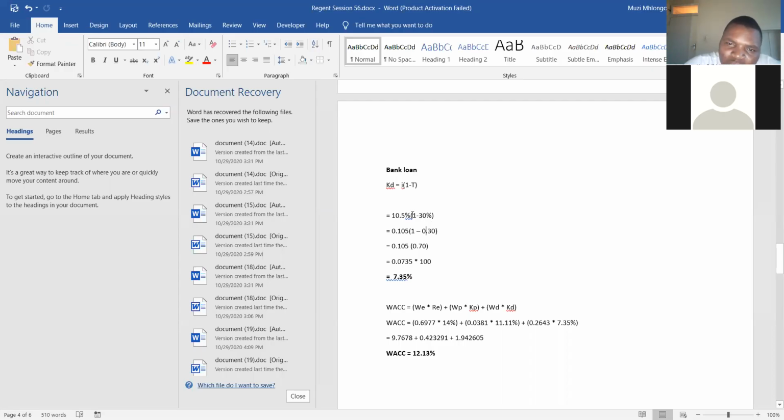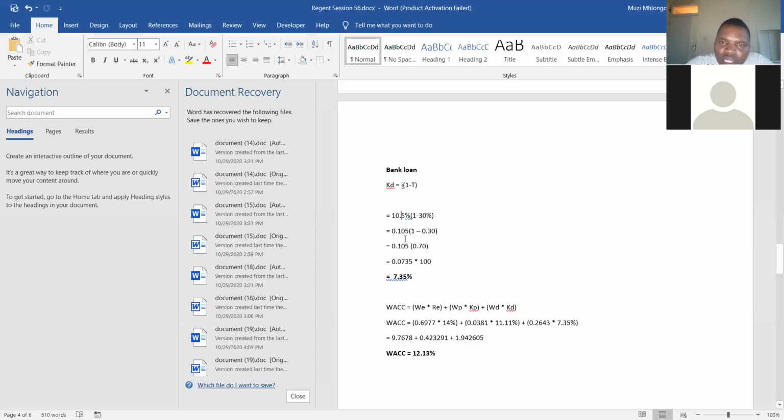Remember what I said earlier. At some point, some students will change this 30% to 0.3 and then forget to change this 10.5 to 0.105. You shouldn't make that mistake because it will make your answer wrong.